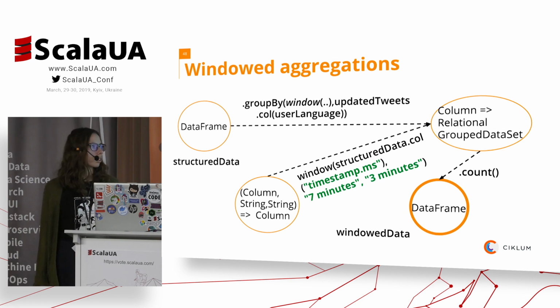And we get, again, the relational group data set internal type, then we run count, and we get a data frame. But if you look at what happens inside, you would see that we need to provide this column of our data, which is exactly of timestamp type, as well as the window size, which is 7 minutes, and the sliding interval, which is 3 minutes. But we may omit the sliding interval parameter if we do not need it.